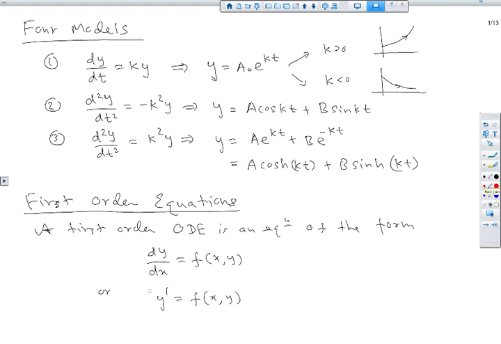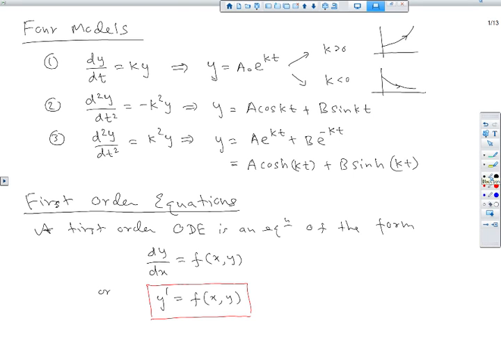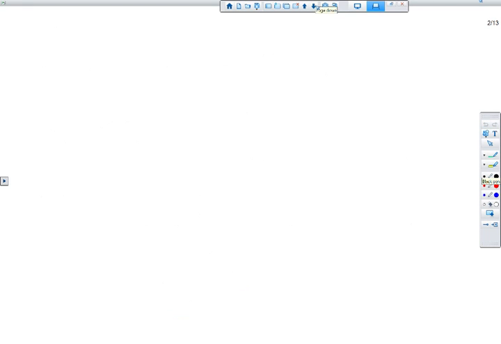So the goal is how to handle this kind of differential equation. Let's look at a simple situation. How about this problem? Consider y(x) equal x cubed plus sin x minus 1.